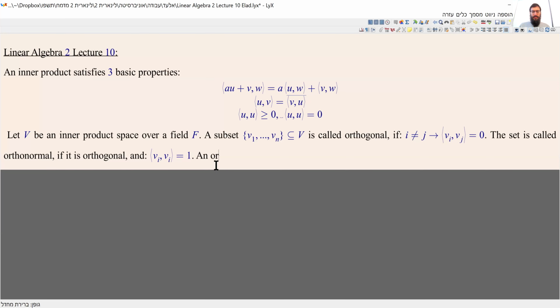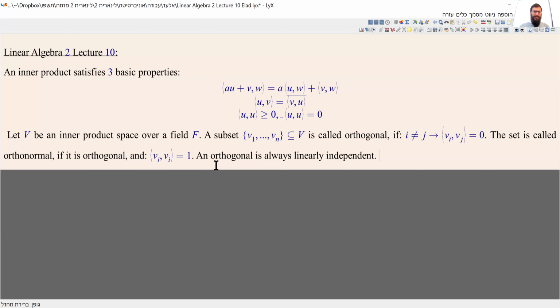An orthogonal set is always linearly independent. So we can talk about orthogonal bases.